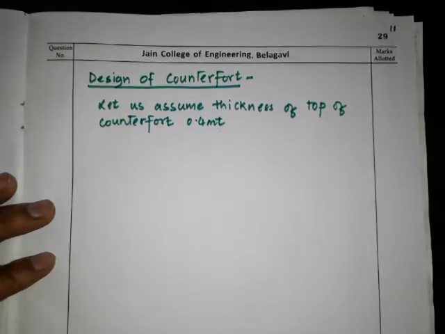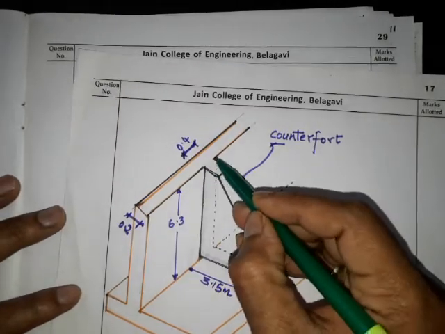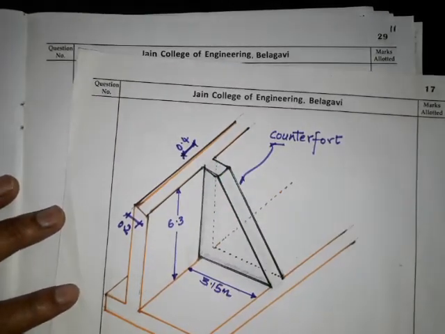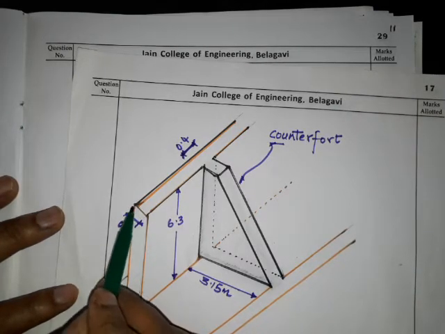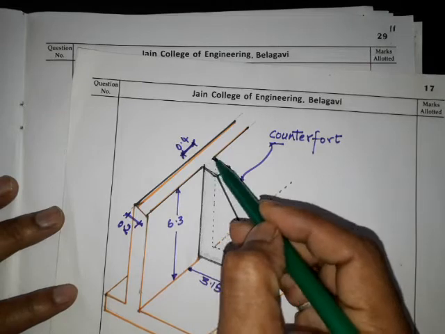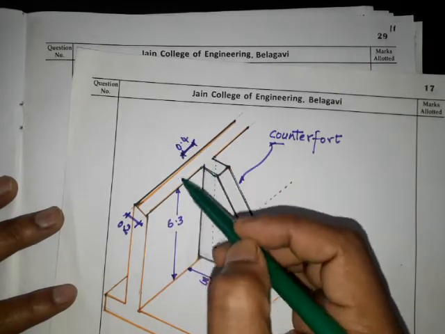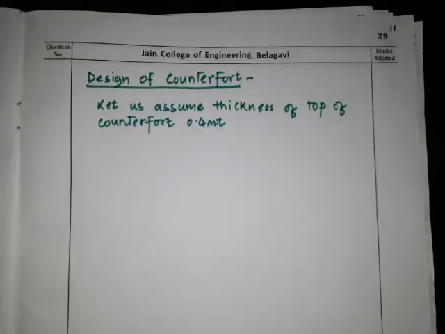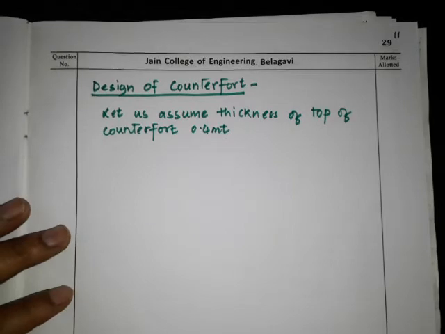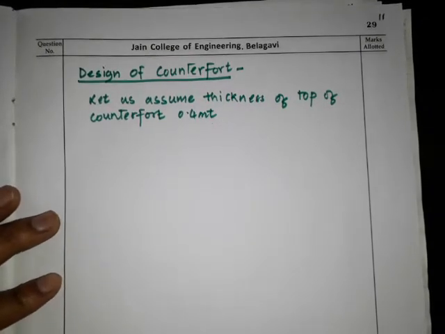Understood? We assume the thickness of the counterfort as 0.4, double the thickness of the stem. The thickness of the stem is 0.2, so we have made it double, 0.4. Now we have to find out the pressure transferred over the counterfort.